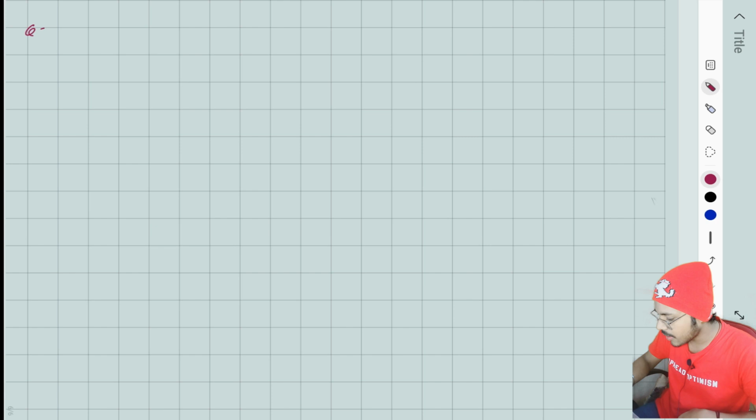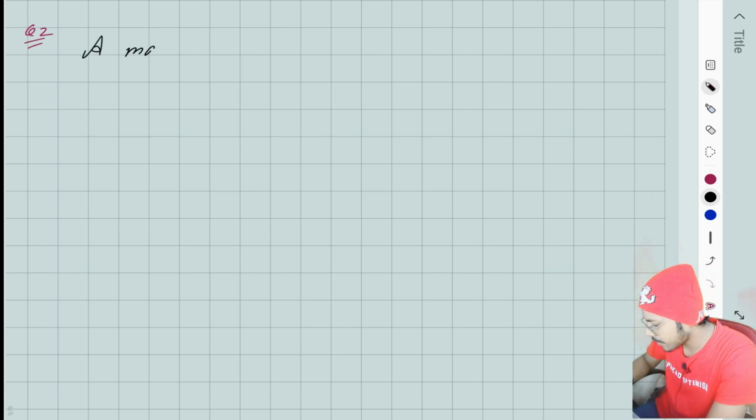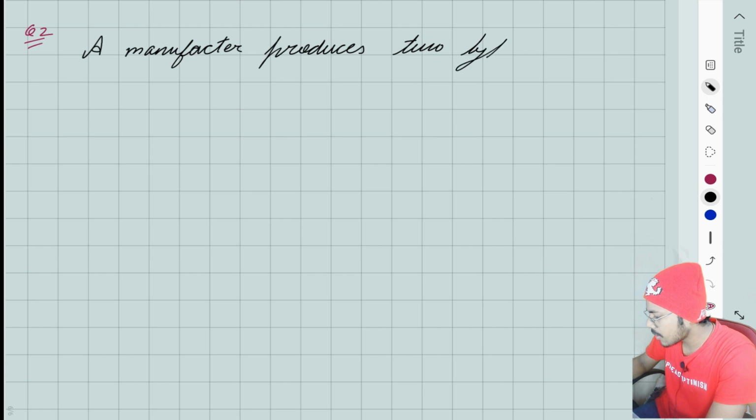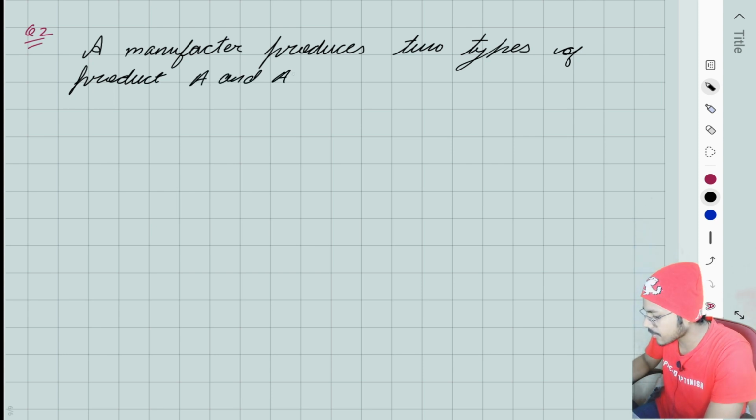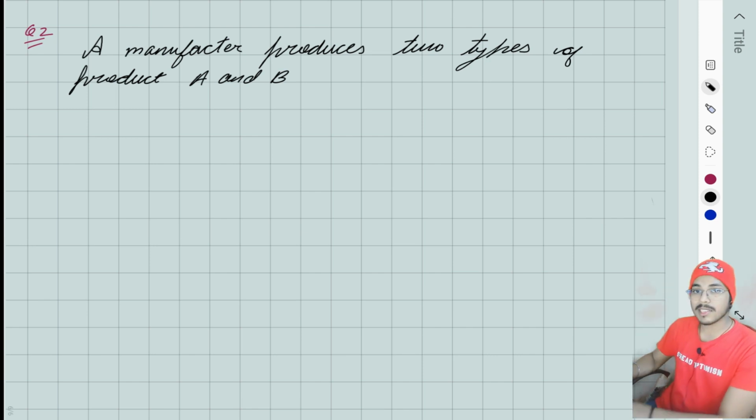The question goes like this: a manufacturer produces two types of product, A and B. This problem is just like the previous problem.